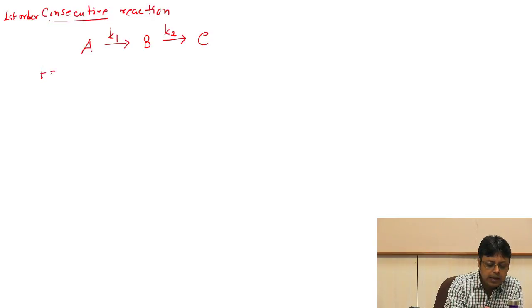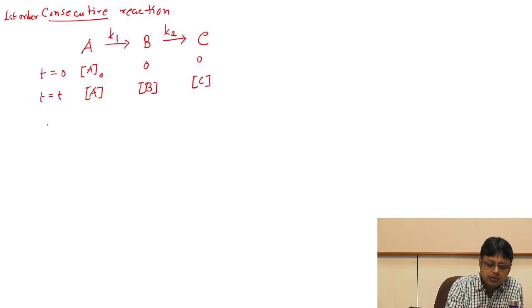Now at time t, again as before, let us say we started with only A0, B was 0, C was 0. At some arbitrary time I have A, B and C. First thing first, let us consider dA/dt. Now dA/dt is very easy to figure out.